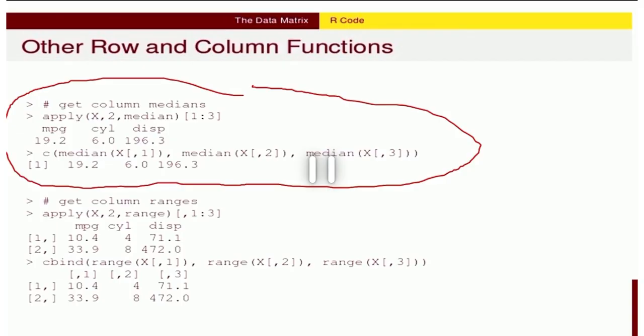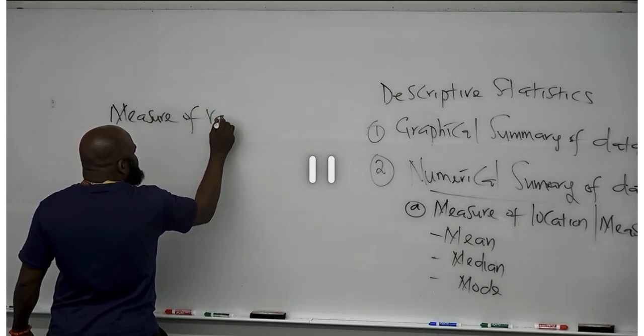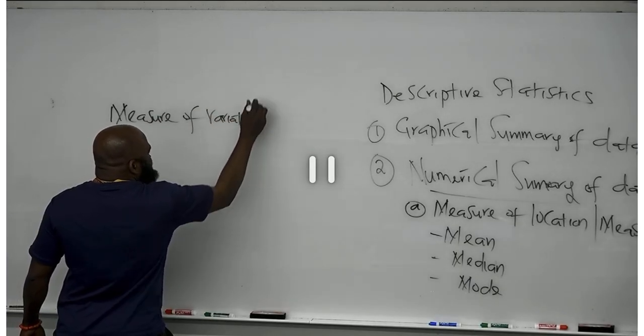Another descriptive statistics measure is what we call range. That also falls under numerical summary, but it has a general name: measures of variation, or measures of dispersion.